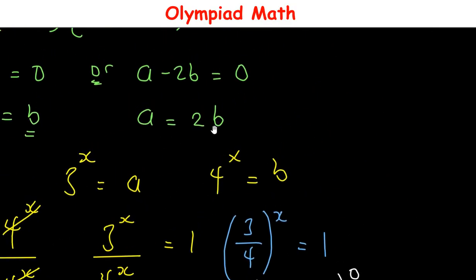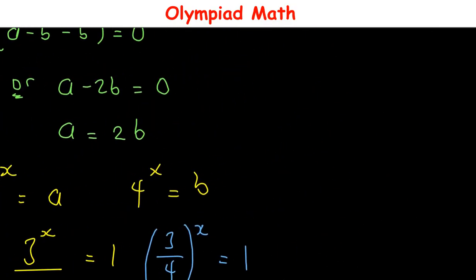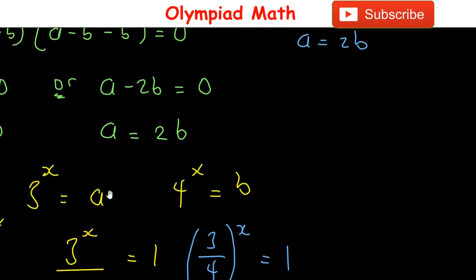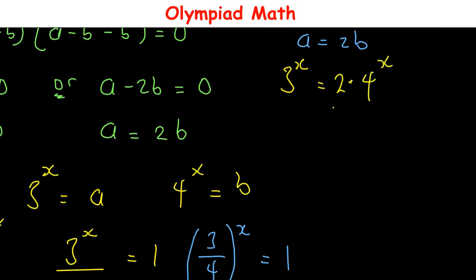Also, for a equals 2b, so we have that a is equal to 2b. So a is equal to 3 raised to power x. We have 3 raised to power x equals 2 times b, 2 times 4 raised to power x. Next, divide this equation by 4 raised to power x.